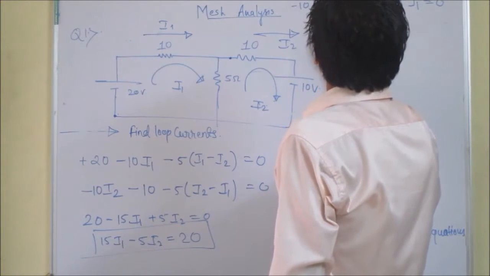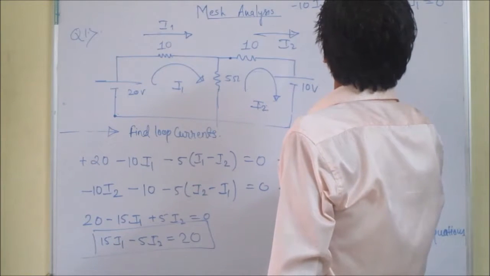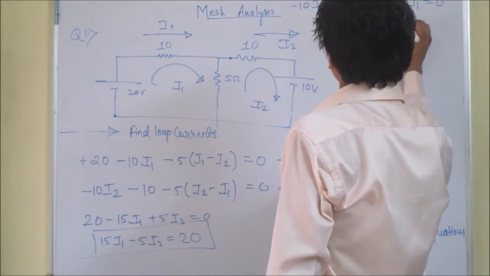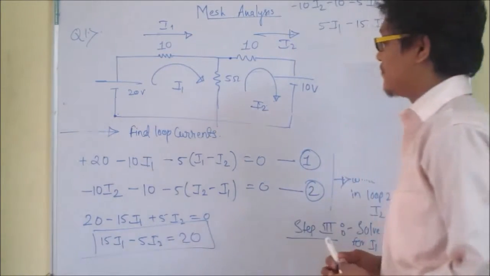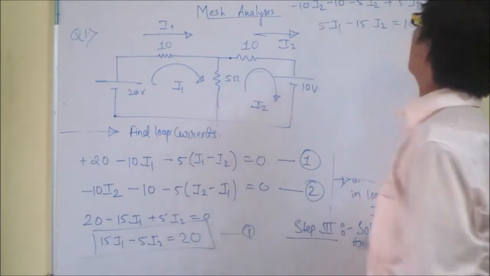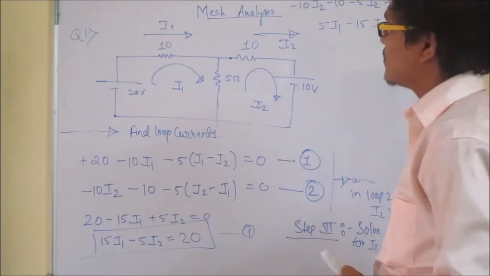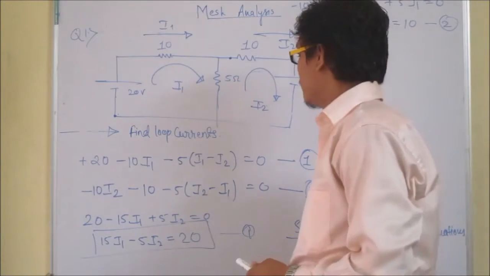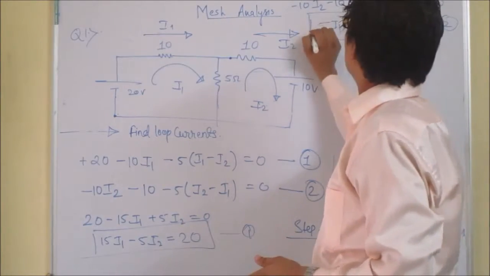Now 5 I1 minus 15 I2 equals 10. This is my equation 1 and this is my equation 2. Solving these two equations, we will see what we get. So these are the two simplified equations.